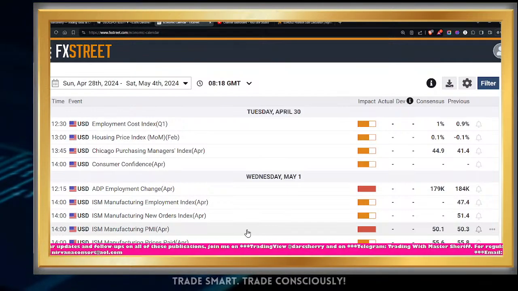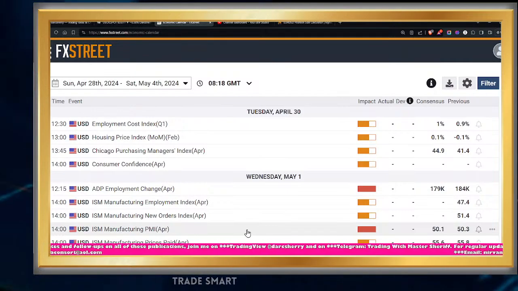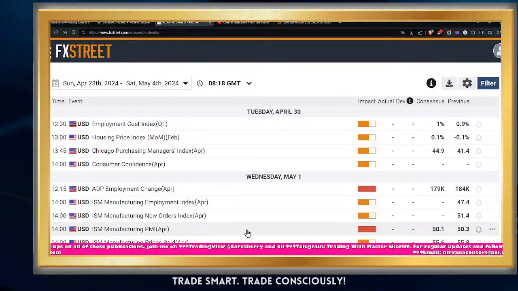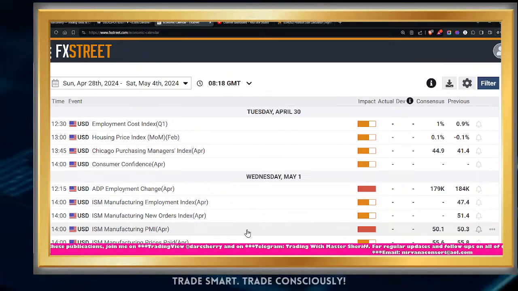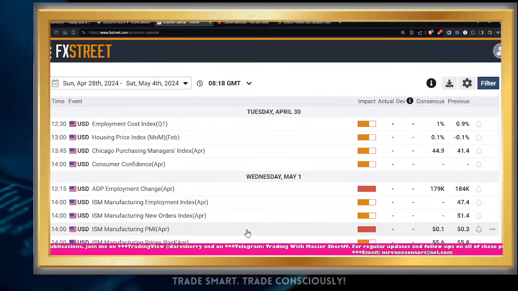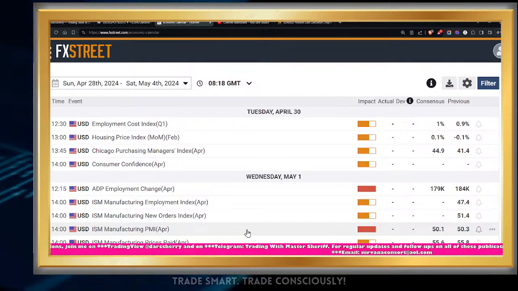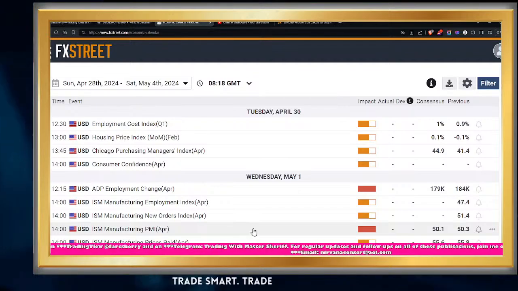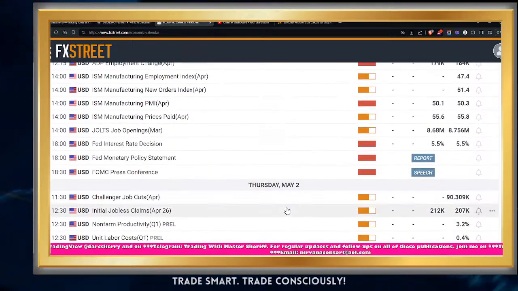However, before I close on the economic calendar and revert back to the charts using our technical skills to identify trading opportunities, I would like to emphasize that there are a bunch of high impactful events that we will be looking forward to this week, starting from Wednesday, May 1st.